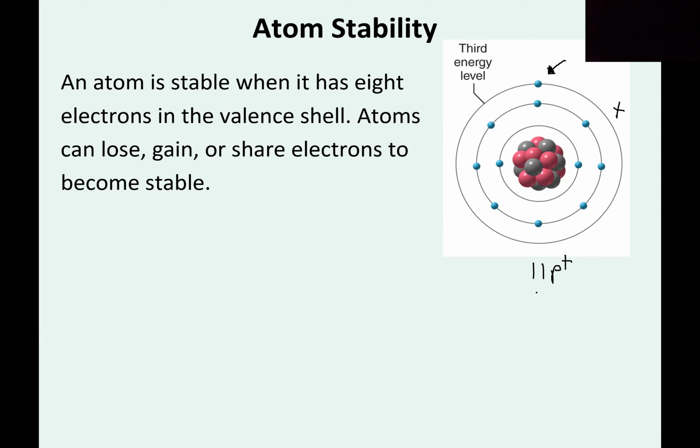It starts out with 11 electrons, but if it loses an electron, that means it's going to have 10 electrons. So then it has a net positive charge.